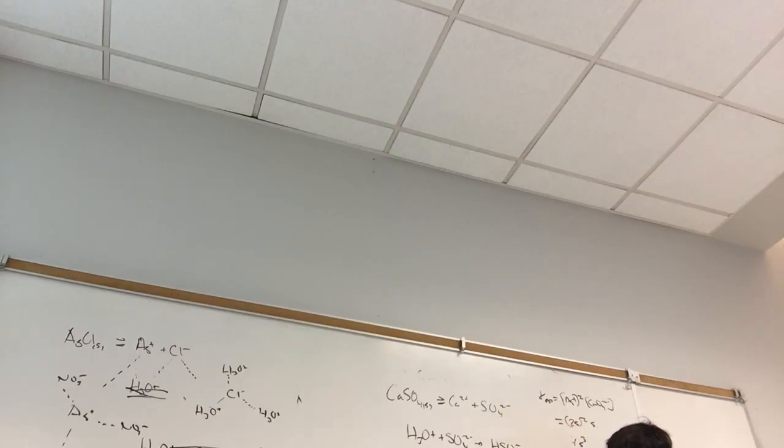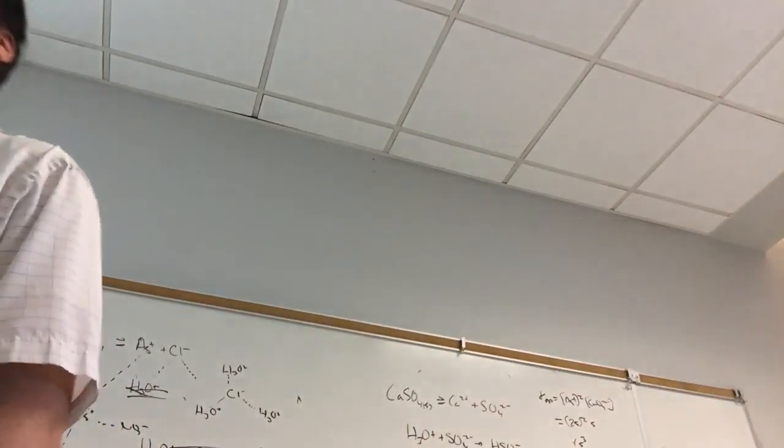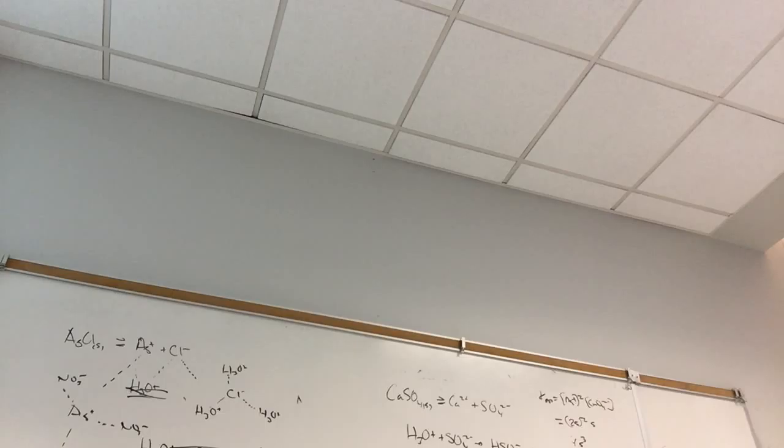OH minus is the strongest, so we attack that one first. But HS minus is also a pretty decent base, and so that gets attacked second. So both of these get attacked. So that's only when two bases are present. Otherwise, we just attack one hydronium at a time.